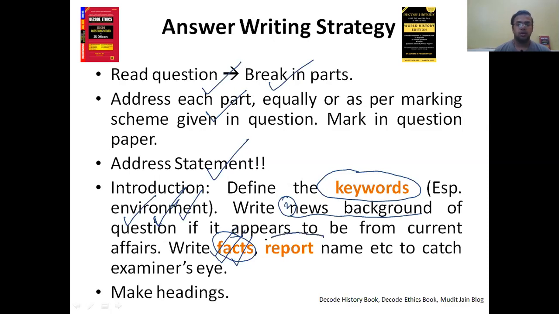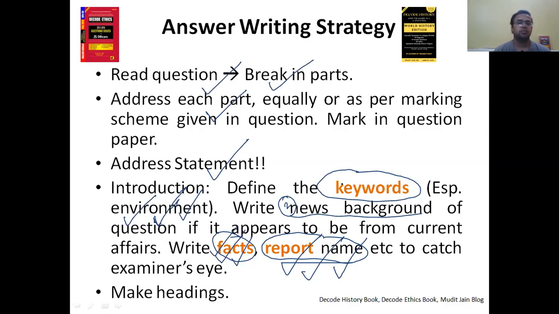Report names. Now, for security related topics, it is very important to mention the names of reports. It is important for environment also. Like in environment, you will mention Forest Survey, Agriculture Survey, IPCC, UNEP report, etc. In security related questions, compile the names of reports from current affairs.